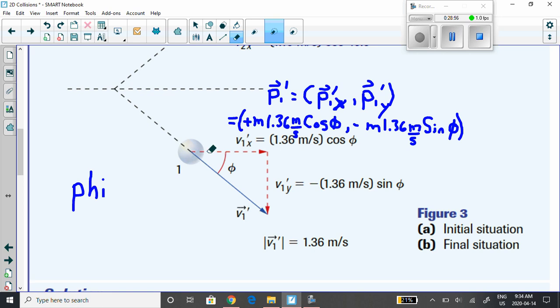And it's in a positive direction, so I put a plus sign there. The y component, I still need the mass, but the y component is negative. So I put a negative sign there. I still use the speed here, 1.36 meters per second, but the y component is opposite to the phi, so I use sine phi. There you have it.